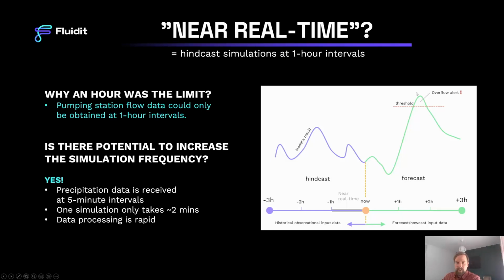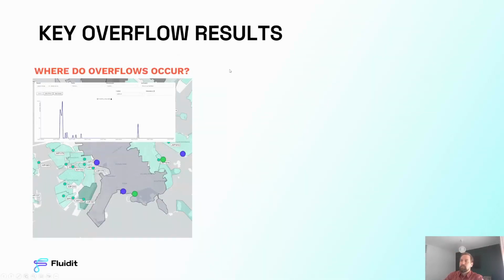Okay, so what do we get from these simulations? Of course, importantly, where do the overflows occur and how do they look in time? So you get hydrographs and flow graphs and pollutant loads from various locations on the network.